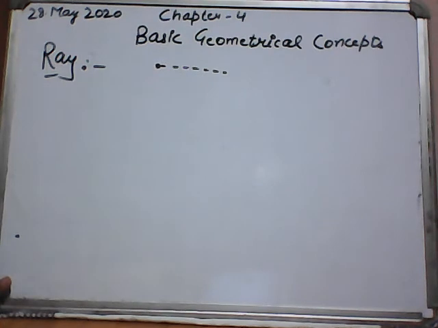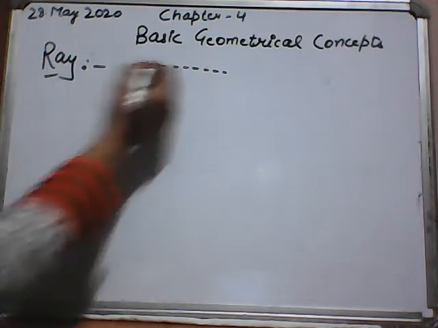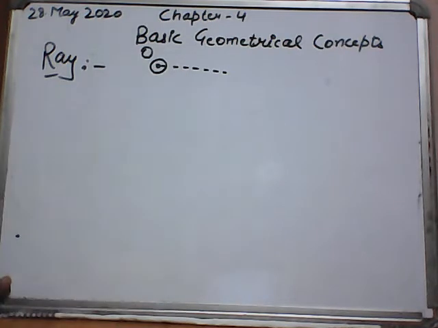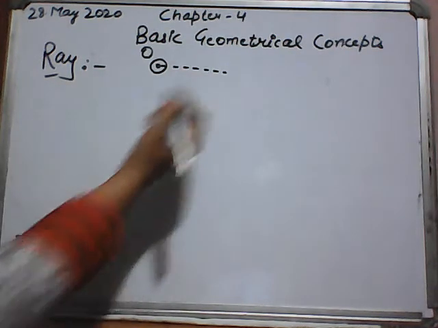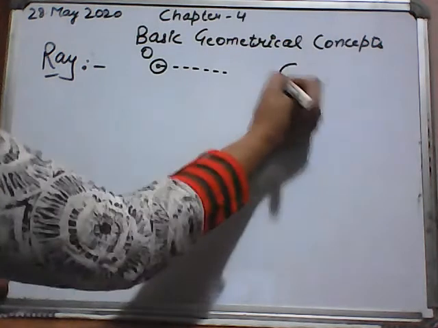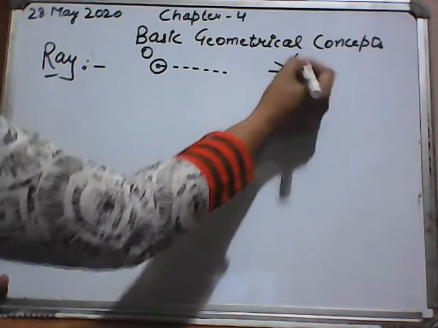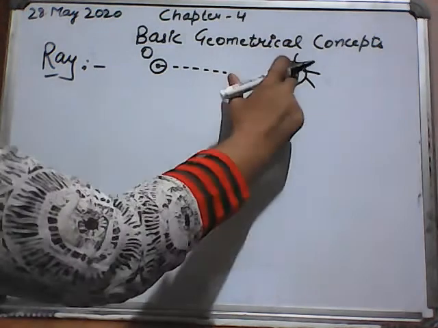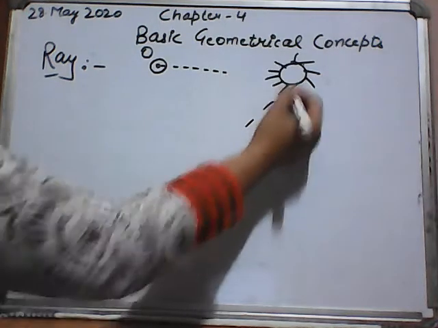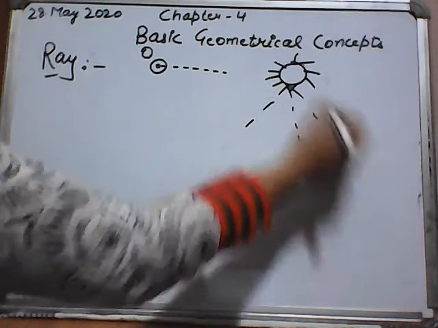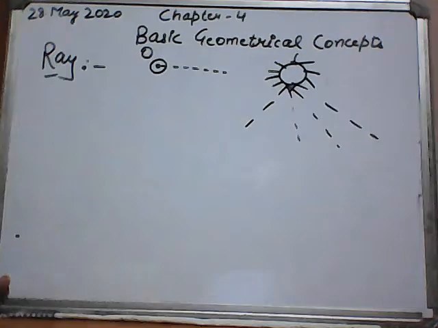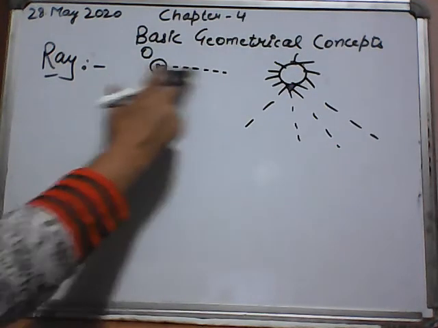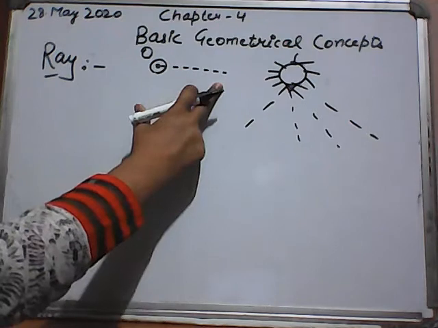You can say the starting point is O. For example, sun rays are an example of a ray. Here is a sun. Sun is a fixed point and the rays of the sun can be extended in any direction. It means a ray has only one endpoint and it can be extended only in one direction.